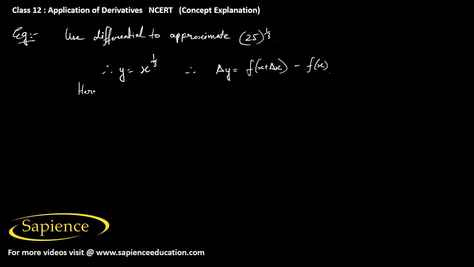Now here we can say that x is 27 and delta x is minus 2. So that will be 25 whole power 1 by 3 minus, now therefore y will be equal to 27 whole power 1 by 3, that will be equal to 3. So this minus 3 it will be.